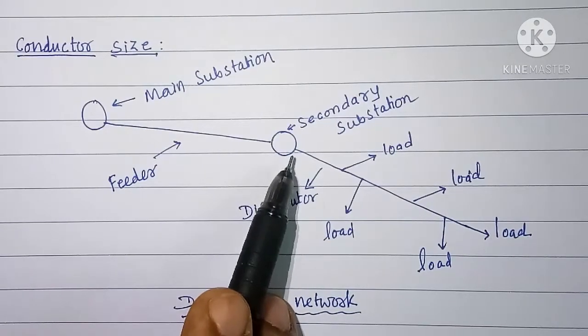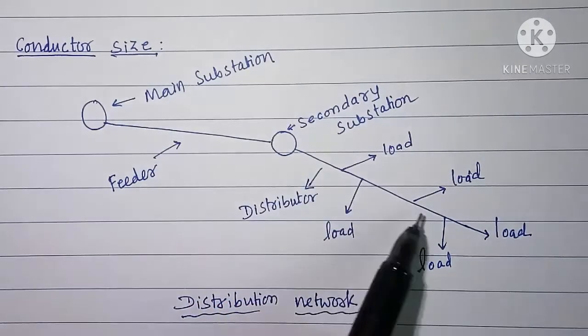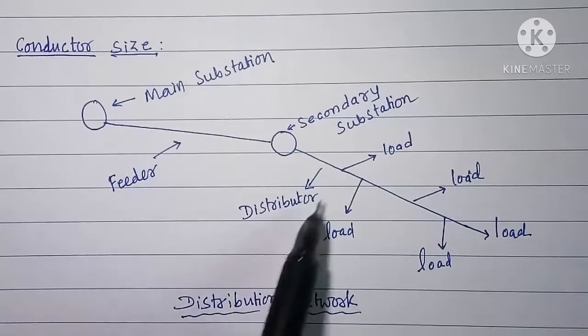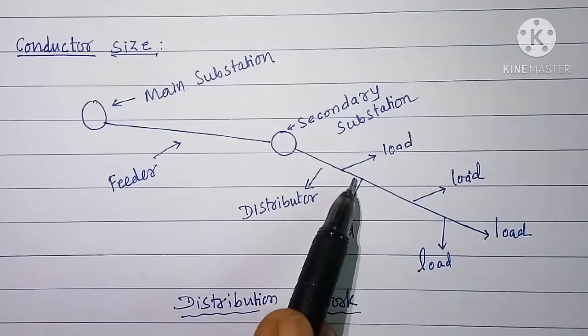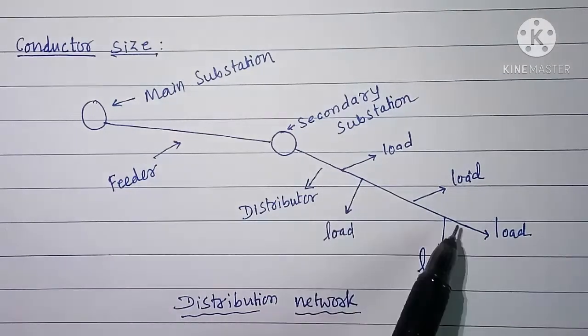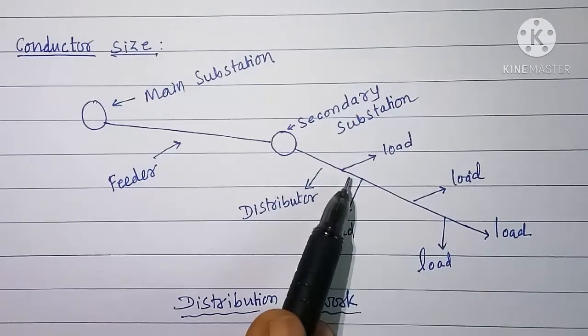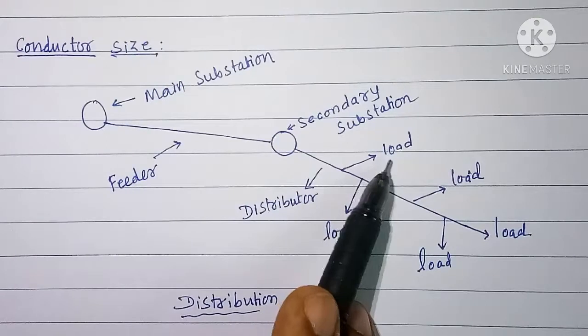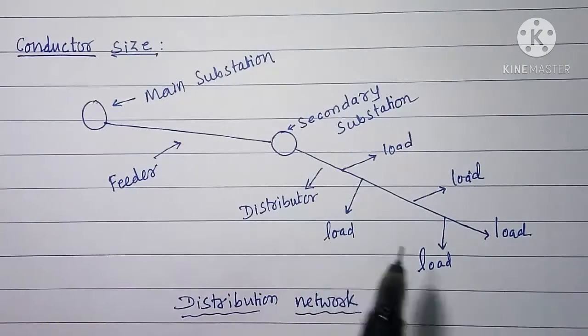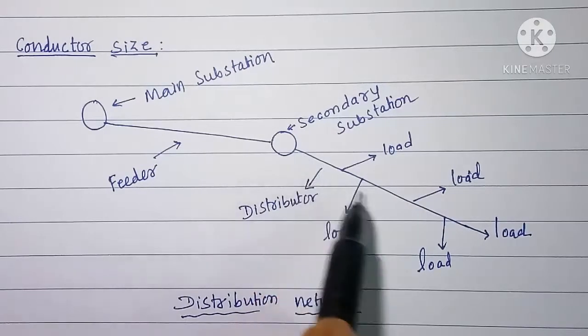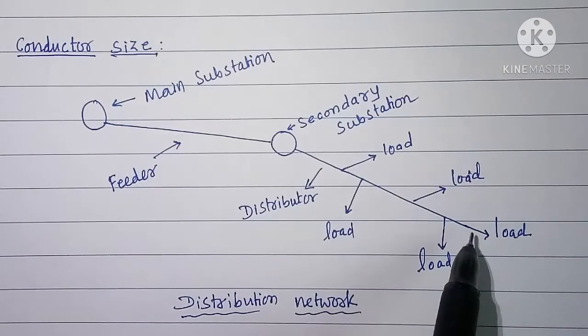After secondary substation you can see a conductor called as a distributor. On distributor at various points loads are connected. You can see here several loads connected, which means that current in this distributor is not constant throughout its length.